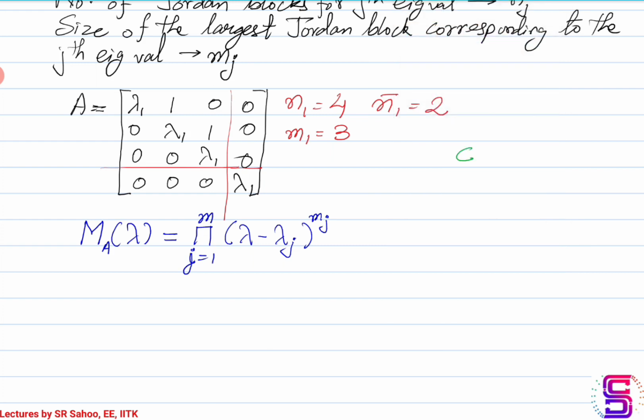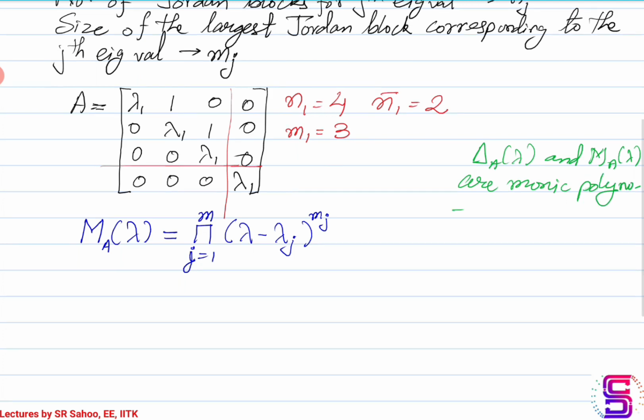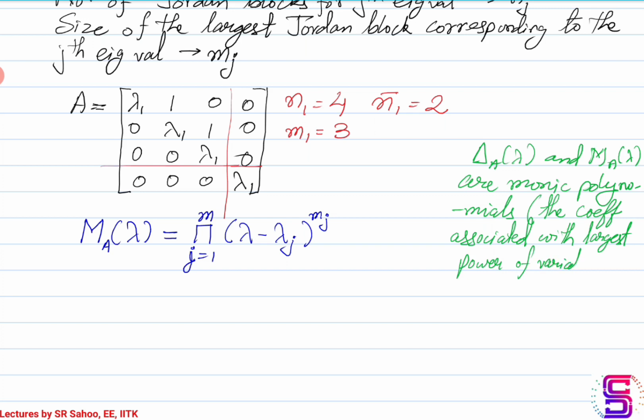Please note, as a small remark, that the characteristic polynomial and the polynomial that we are talking of, m_A of lambda, are monic polynomials, which means the coefficient associated with the largest power of the variable in the polynomial is 1.